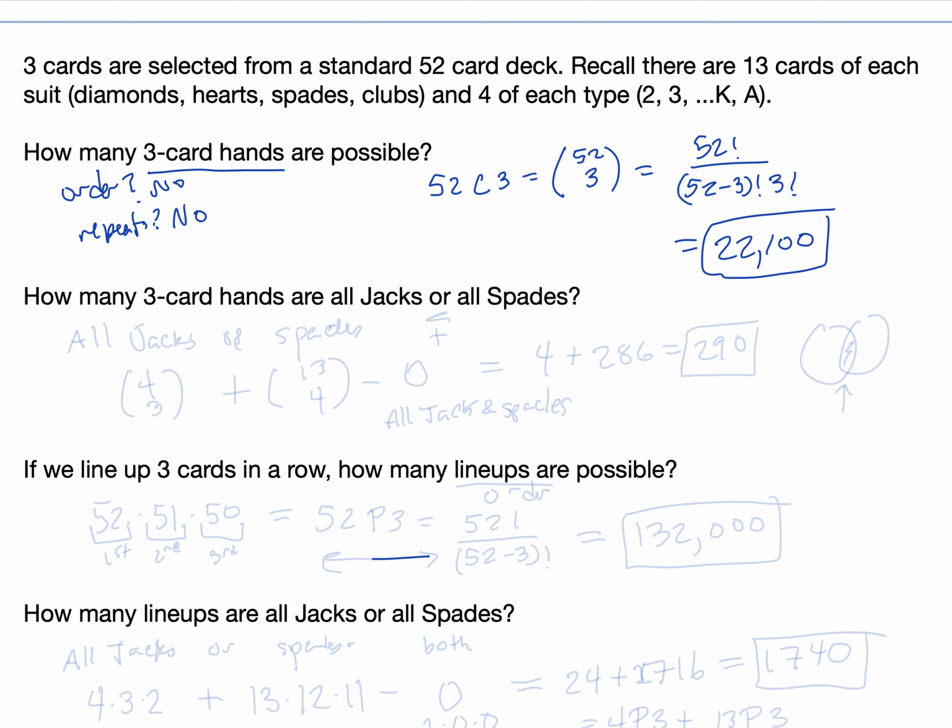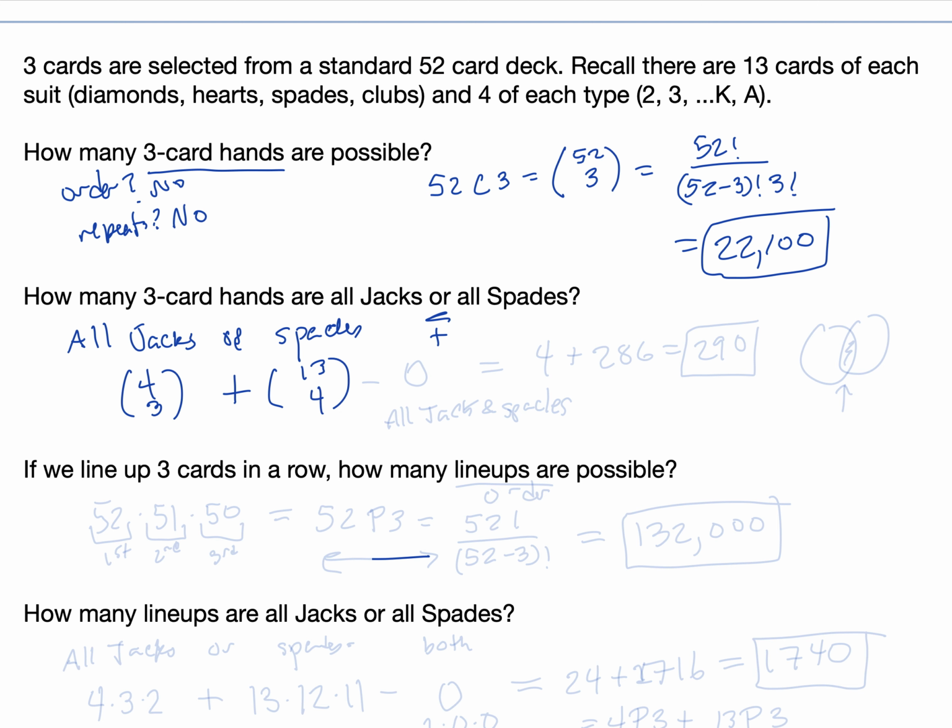How many 3 card hands are there that are all jacks or all spades? Think addition. So this could be all jacks or all spades. So we'll put an or between them, plus. All jacks, there are 4 cards in the deck that are jacks, so 4 choose 3, plus how many cards are spades? 13 cards of each suit, so 13 choose 3.